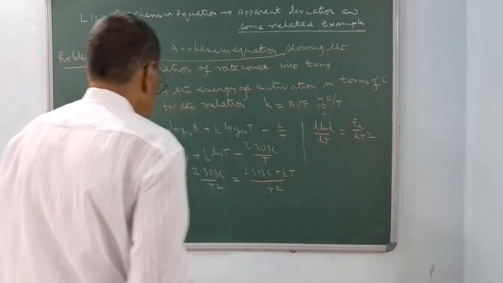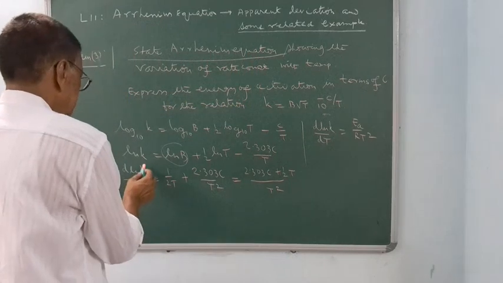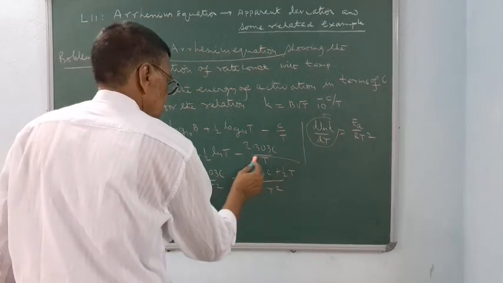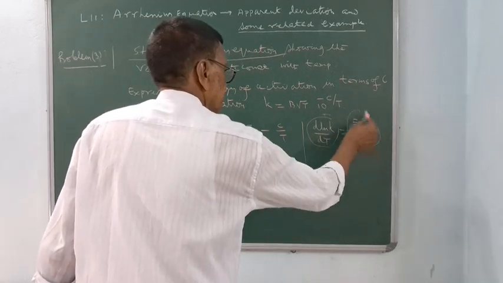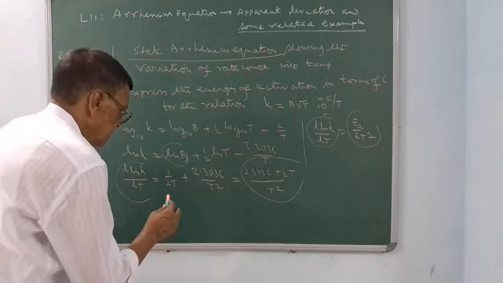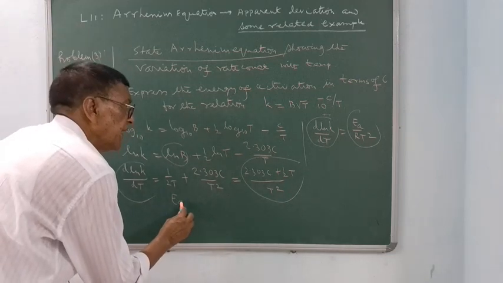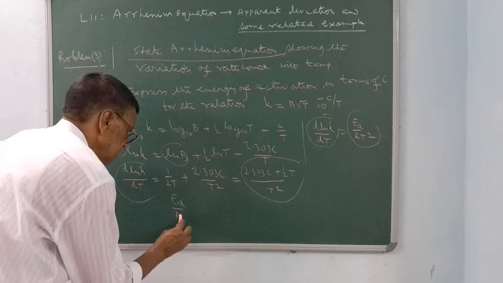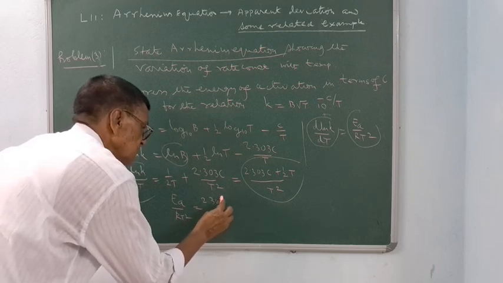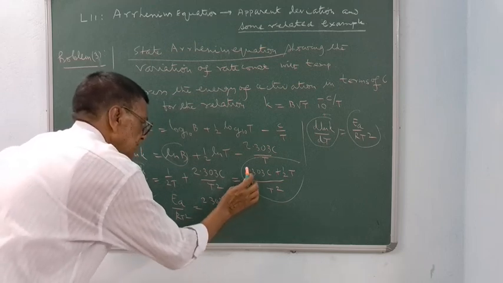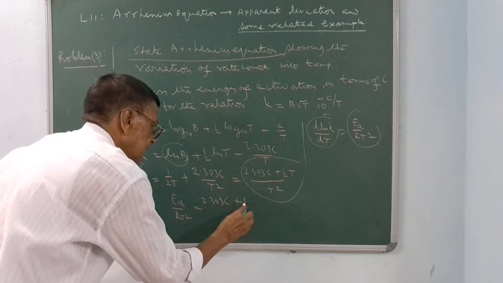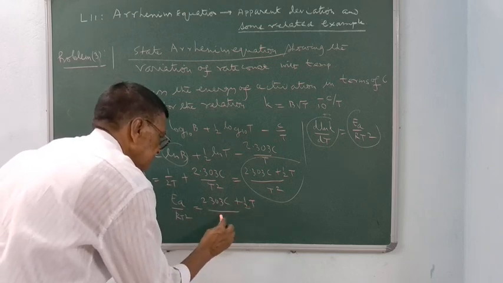The left-hand side is the same, so we equate this with (2.303 C plus half T) divided by T square.